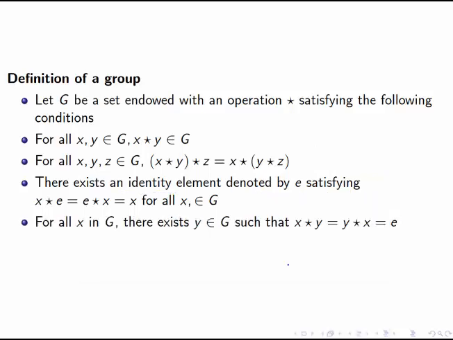Every element has an inverse. So for every X in G, there exists an element, which we'll often denote by X inverse, such that X inverse is in G, and if you combine X with its inverse, it is the same thing as combining the inverse with X, and you get the identity.